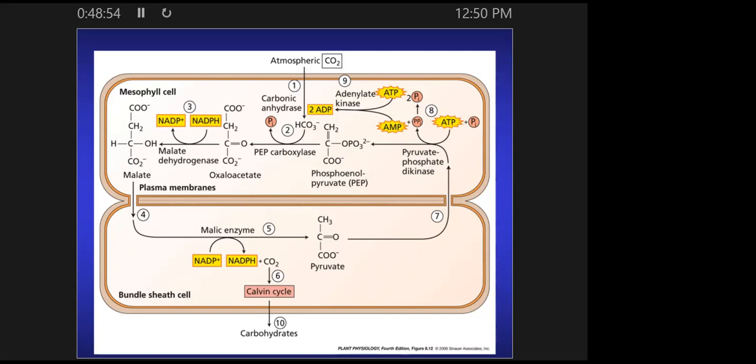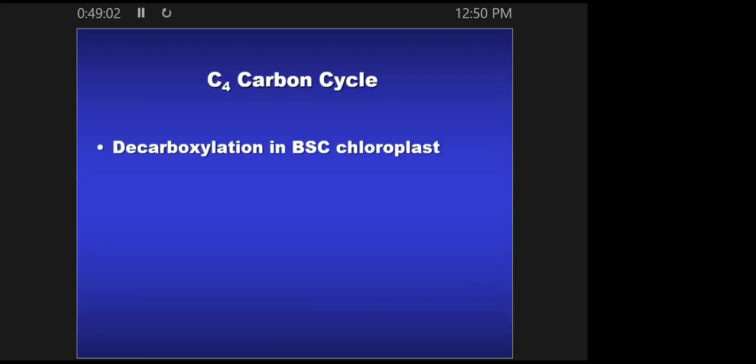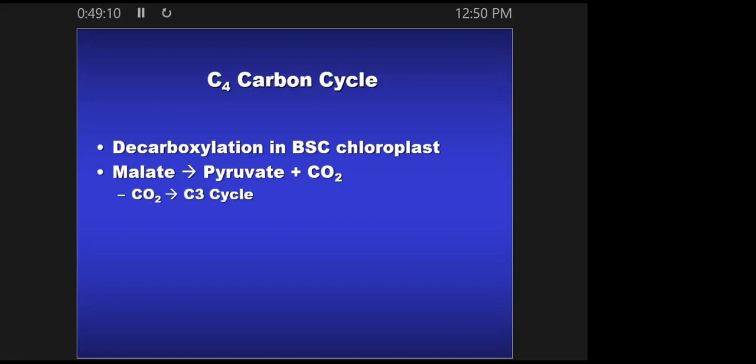So here you have the malate. Oxaloacetate rearranges, gets reduced to malate that moves into the bundle sheath, and CO2 gets cleaved off, and that gets fed into the C3 or the Calvin cycle. And then the pyruvate has to go back into the mesophyll cell so that it can get regenerated.